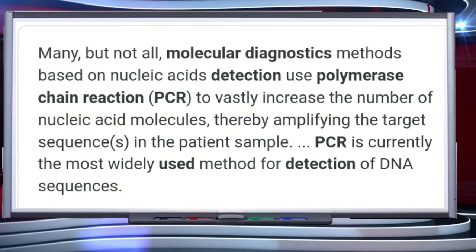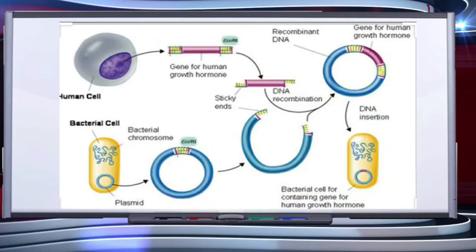PCR can amplify nucleic acids in such pathogens even when their concentration is very low. The PCR technique can be used for detecting HIV in suspected AIDS patients, genetic mutation in suspected cancer patients, and in identifying genetic disorders.